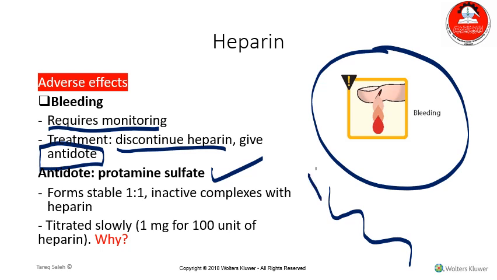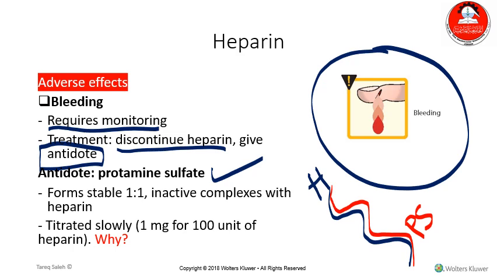Protamine sulfate, since it's structurally very similar to heparin, forms a one-to-one complex, meaning each molecule of heparin will be neutralized by a molecule of protamine sulfate, and that inhibits further heparin function.